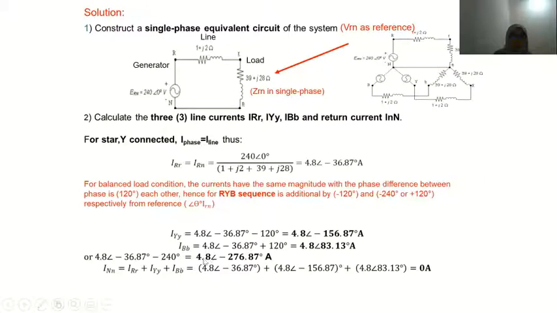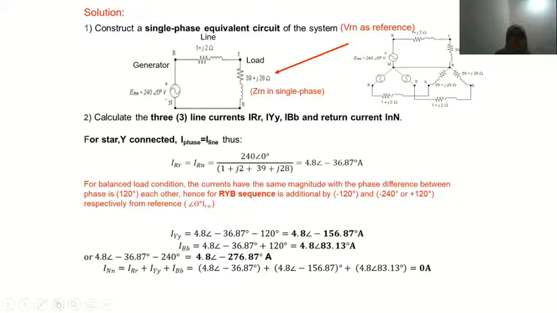But if you take the additional minus 240 with your IRN, you will get 4.8 and the angle is minus 276.86 degree ampere.